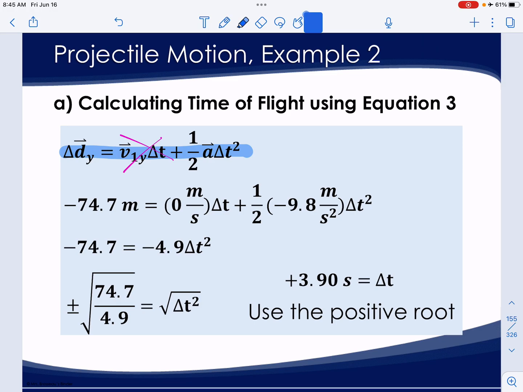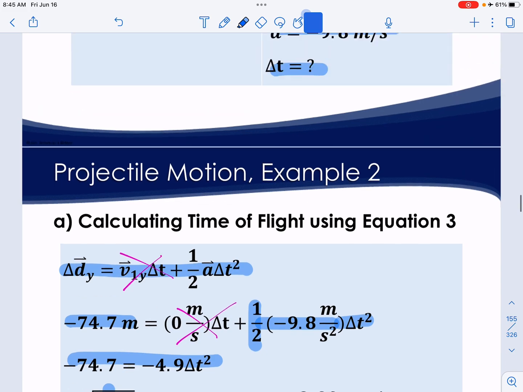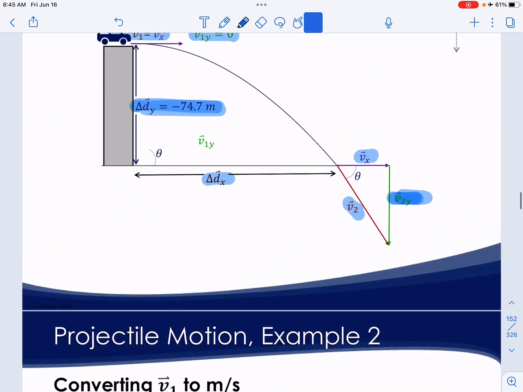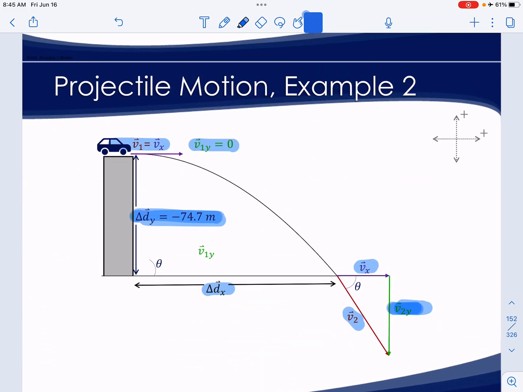Our delta dy is negative 74.7, and then we have 1/2 times negative 9.8 times delta t squared. You plug this in and solve, and you get delta t as 3.9 seconds. You can't have a negative time, so we use the positive one. So the time it takes for the car to fall is 3.9 seconds.